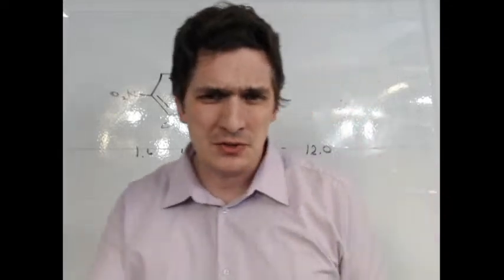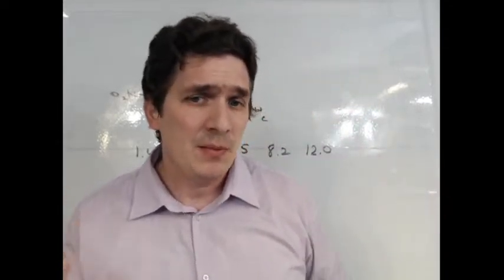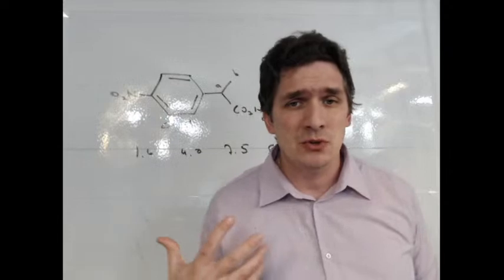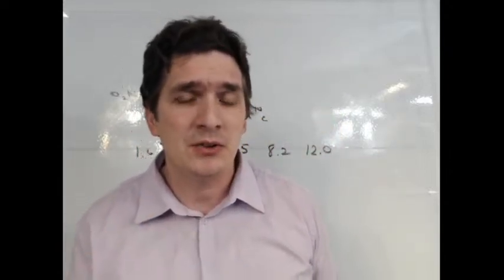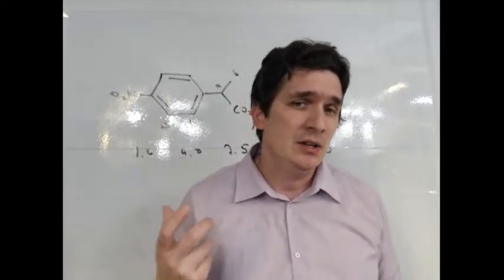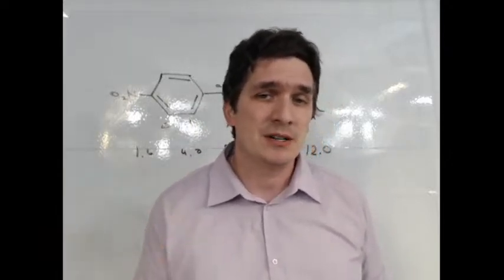So again, this is where your functional groups are going to come in handy. Carboxylic acids are going to be the most deshielded protons. If you're looking for a guideline as to where these would sit, download the tables off the course website. It'll give you the chemical shifts for things like alcohols and carboxylic acids.